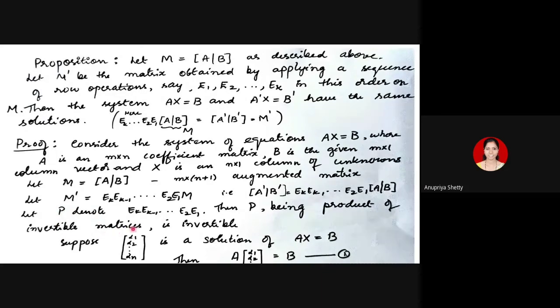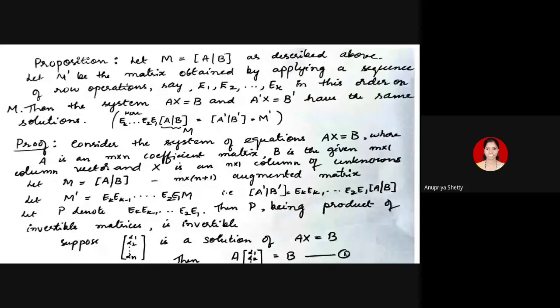I've just mentioned here, P being the product of invertible matrices is invertible. Here, I'm not able to write "the". It should be "being a product of". I will not write "the", because it may not be unique.